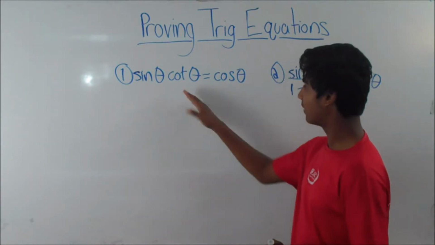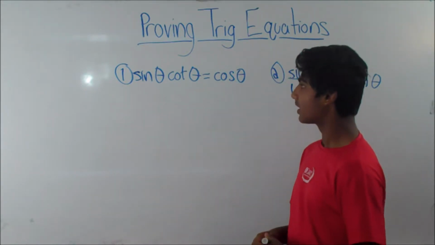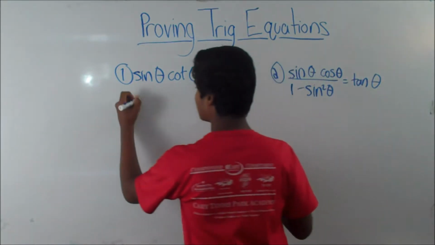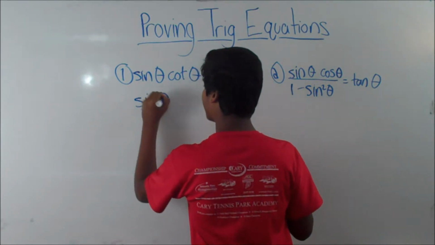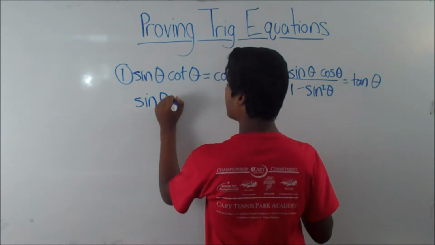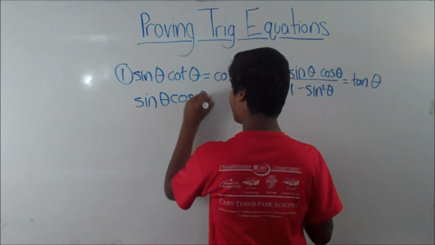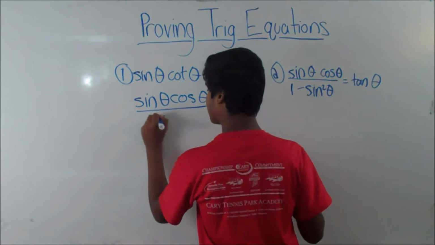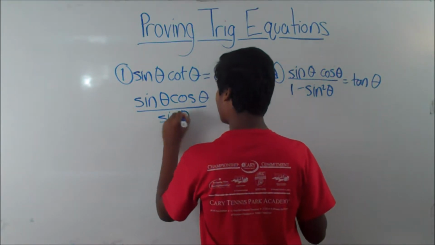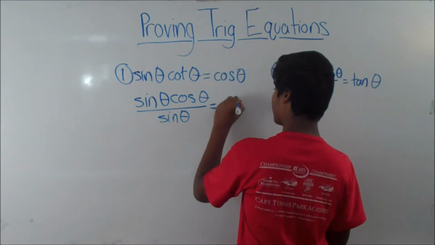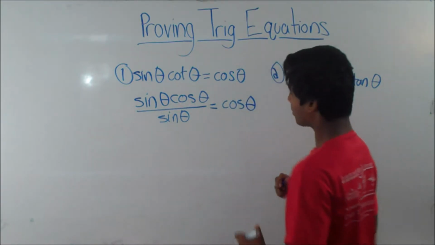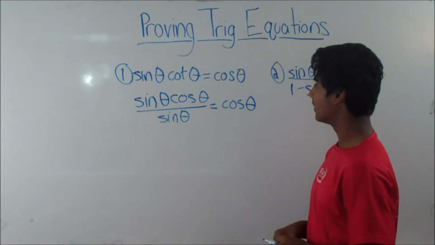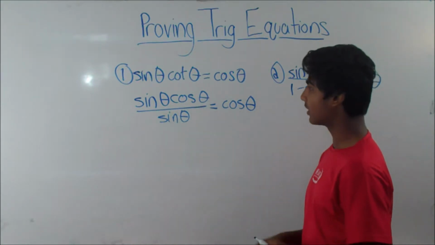So let's change that. We have cotangent, so cotangent would be sine theta multiplied by cosine theta over sine theta, and that's equal to cosine theta. How did I know that this was cosine over sine?